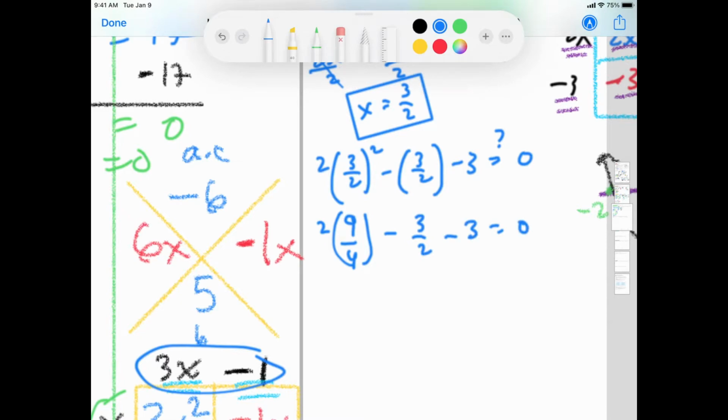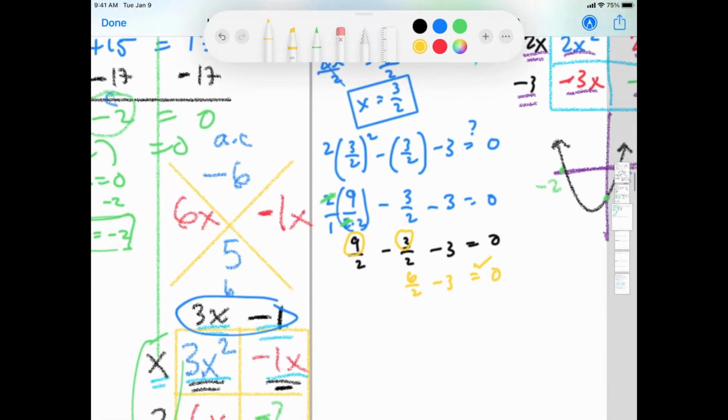The 4 here is going to become 2 times 2, so I can cancel these 2, and I'm left with 9 halves. So 9 halves minus 3 halves minus 3. I'm just going to subtract 9 minus 3, which is 6. 6 over 2 is 3, so 3 minus 3 is 0.